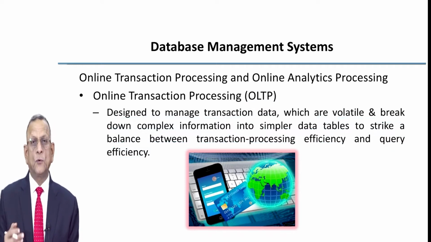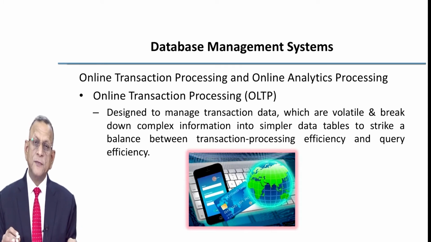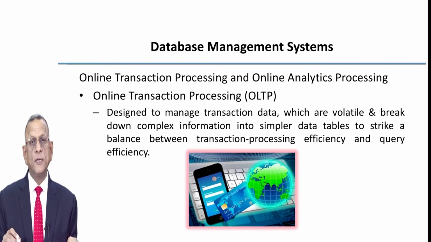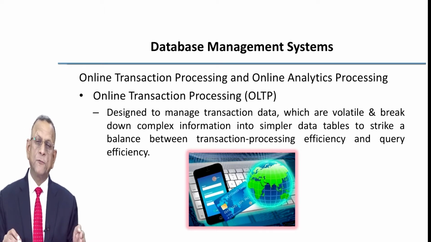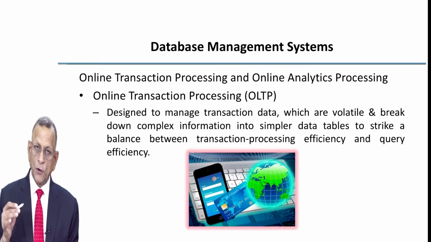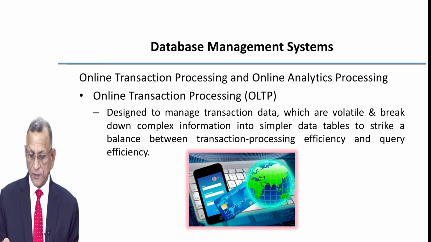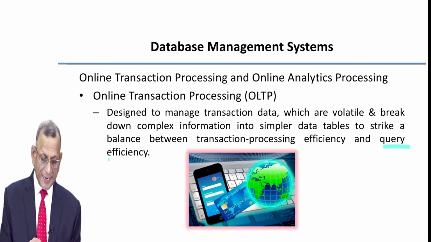You want to know the availability of seats in a particular train or in a particular theatre Audi, not only in the Audi but in a particular row, 5th row from the screen, 3rd row from the back. How it's being done will be done with the help of query efficiency.